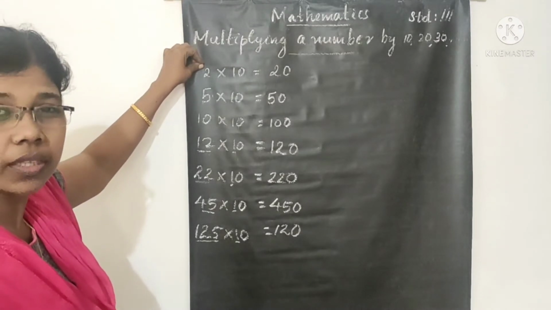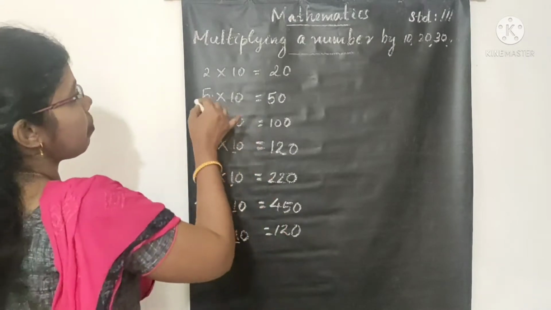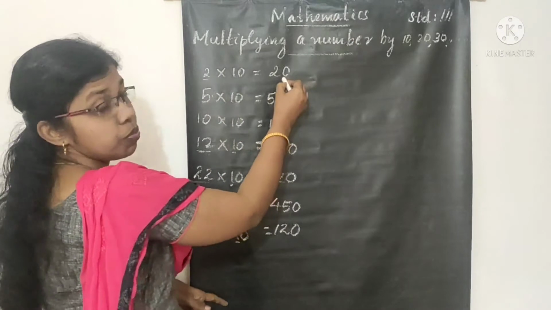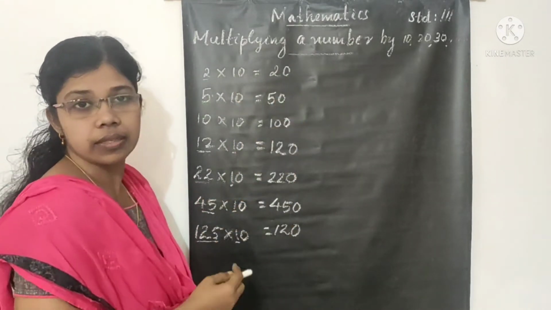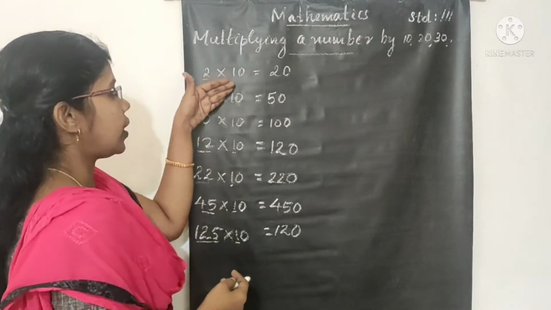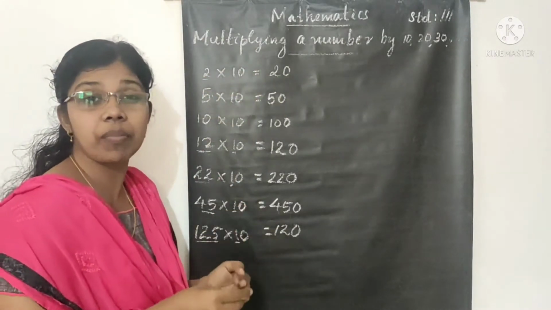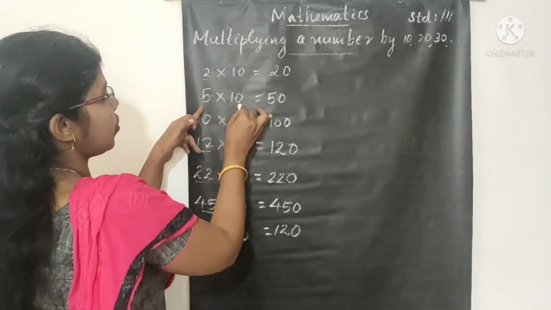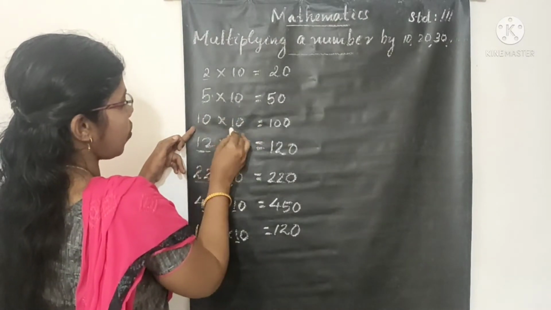Here we study what? Multiplying a number with 10. Simply, how can we write it? Multiplying a number with 10 means that number and put the 0 of the given 10. Any number multiplied with 10: 5 into 10, that is 5 and 0. 10 into 10, 1 into 1 is 1.